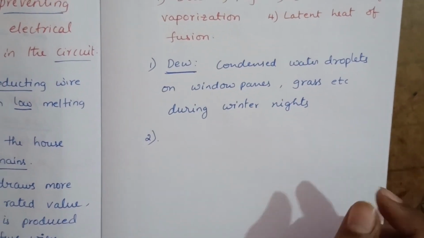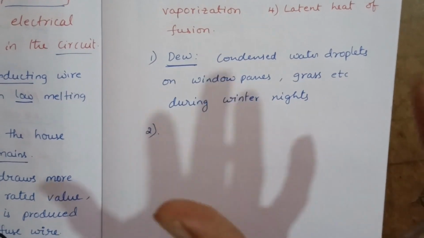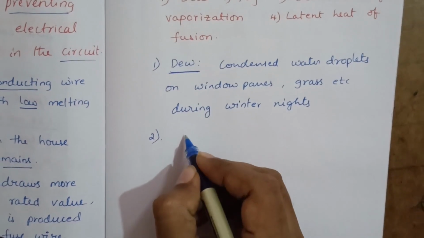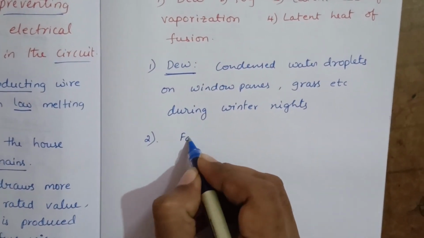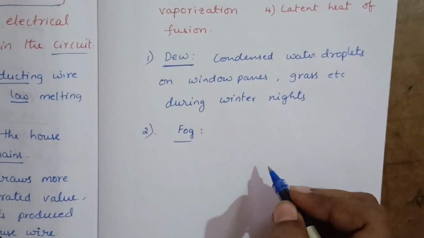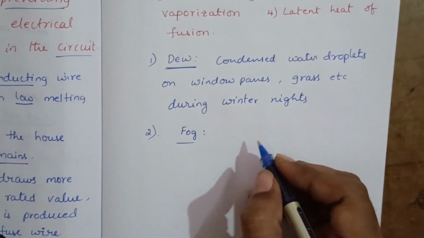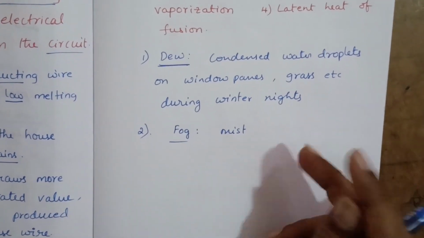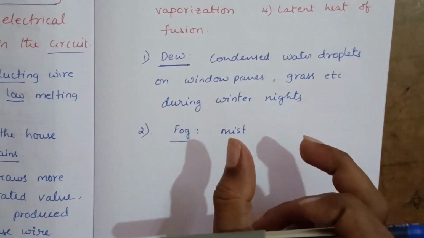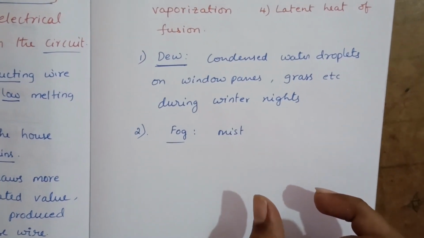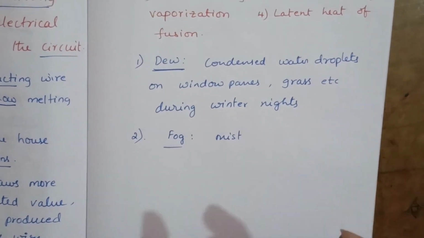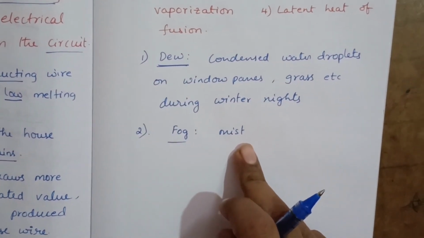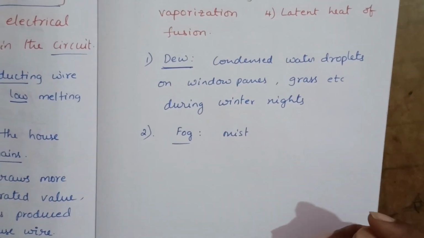These droplets keep floating in the air and form a thick mist, that is known as fog. Fog is a thick mist. Condensed water droplets on dust particles that keep floating in the air and form a thick mist is known as fog.